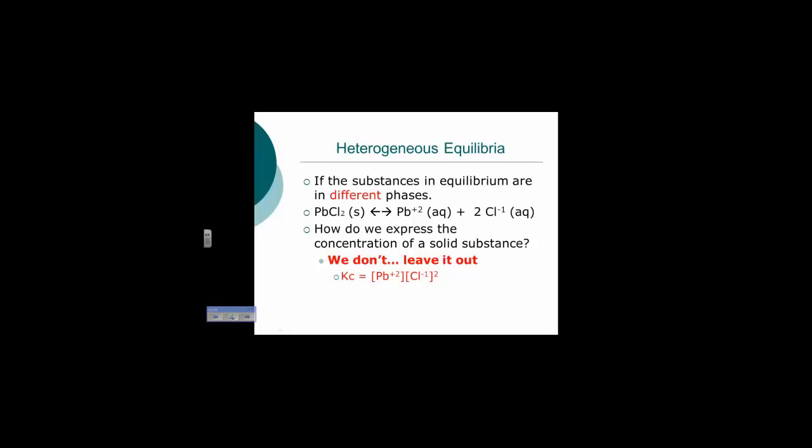Its Kc, concentration, notice the bracket standing for molarity, the concentration of the lead ion to the first power times the concentration of the chloride ion to the second power, products over reactant. The reactant isn't written for, it's a pure solid. So we just see a Kc where the ions are being used.